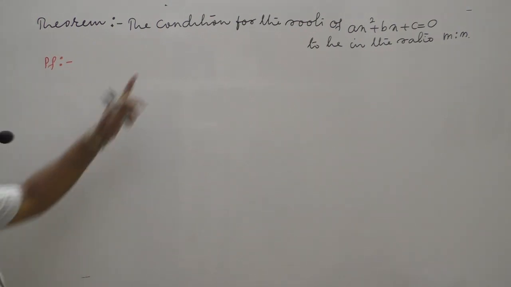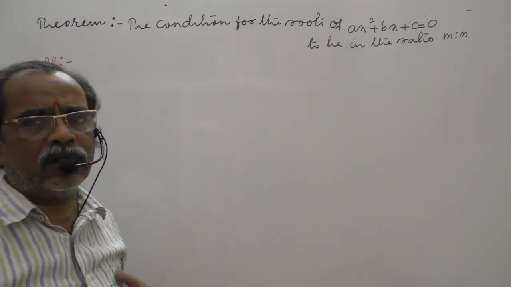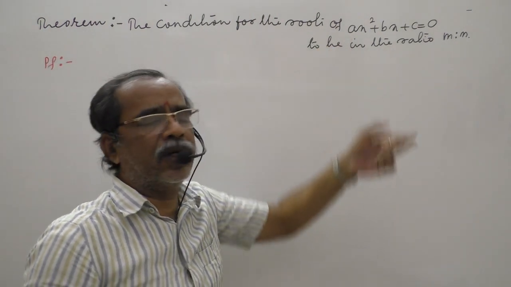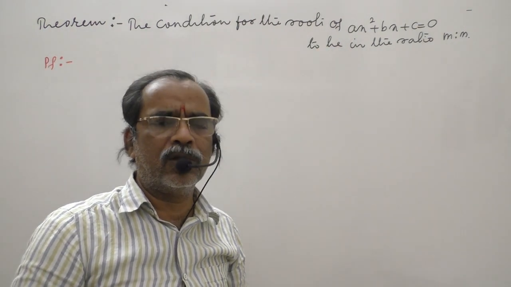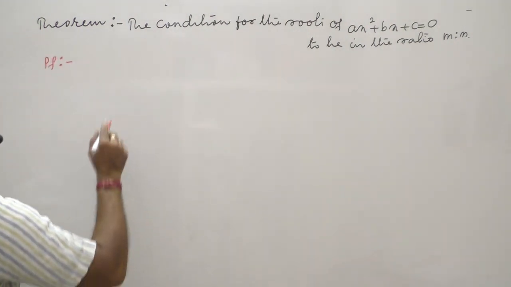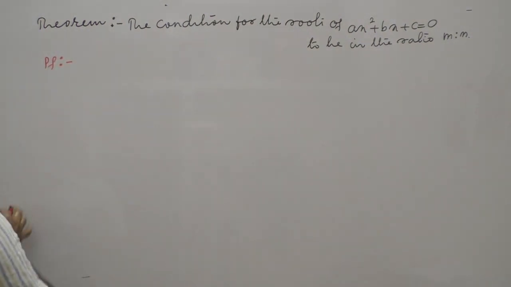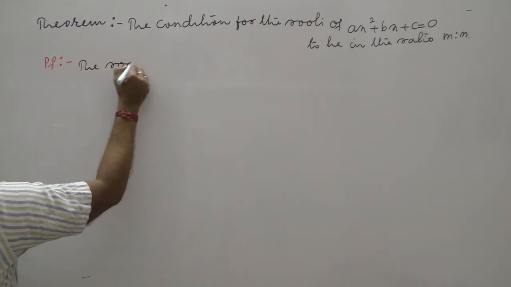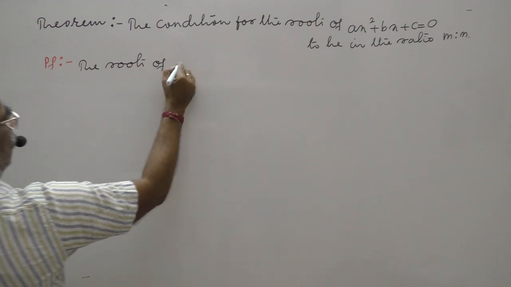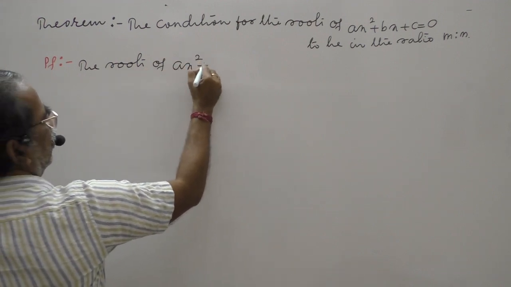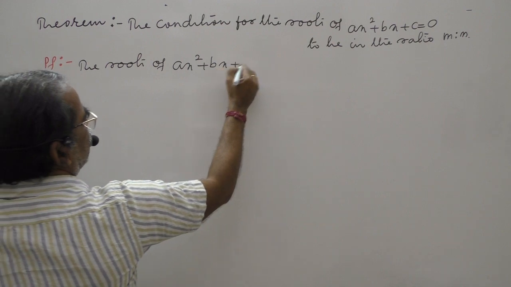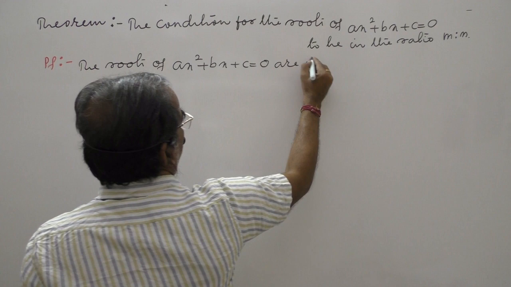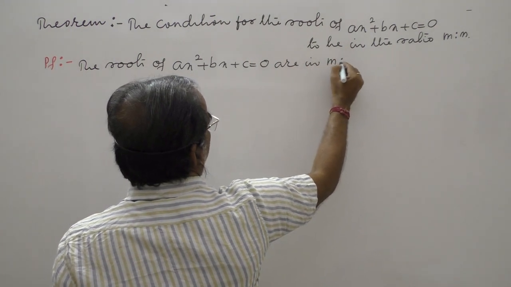So what is given: we are discussing here the condition for the roots of this equation to be in the ratio m is to n. Okay, proof. The roots of ax square plus bx plus c equal to 0 are in the ratio m is to n.